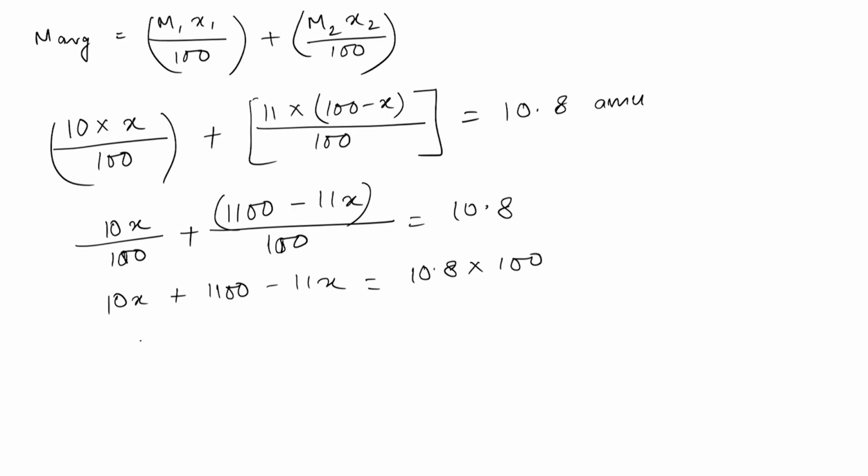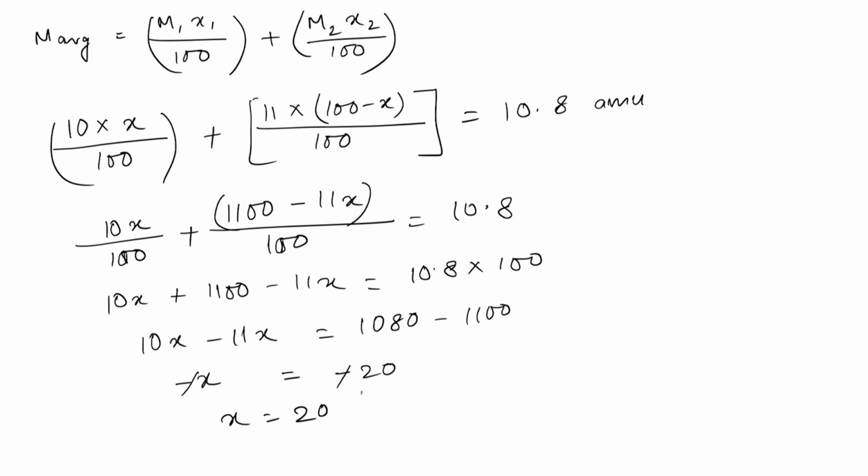So 10x minus 11x is equal to 1080 minus 1100. Okay. So minus x is equal to minus 20. So we cancel the minus and we get x equal to 20%.